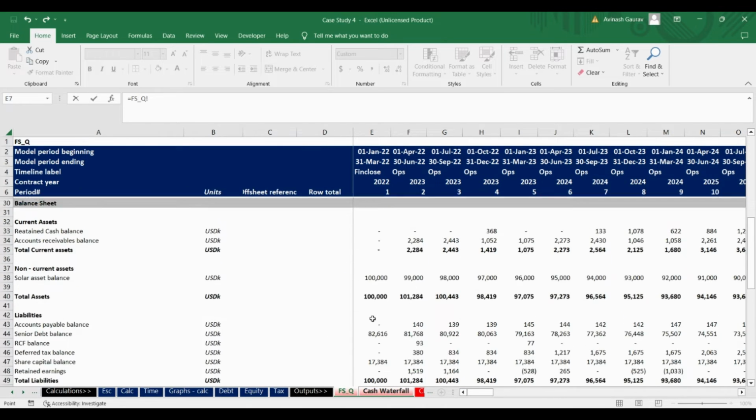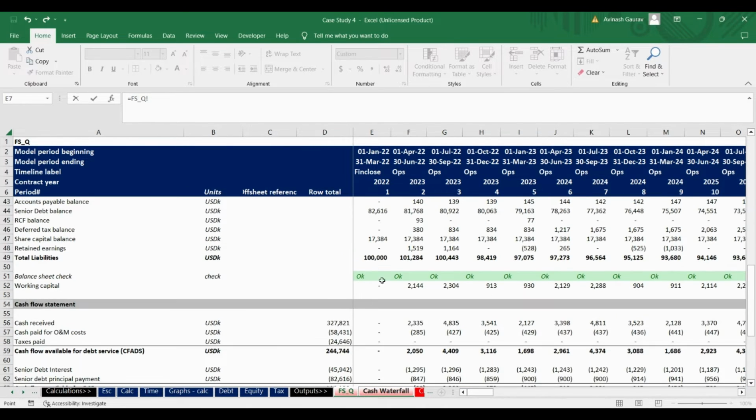Now, we are supposed to calculate the change for it. So here is your working capital, which is nothing but your current assets minus current liabilities. And if I am calculating the changes in working capital with the formula as current period minus previous period, then I need to put a bracket sign and apply a minus sign before the bracket.